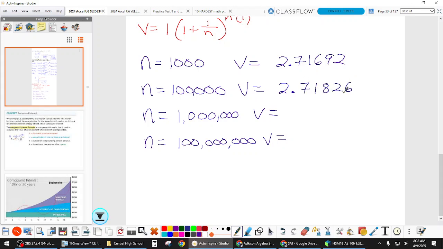Good. And it does keep going. Okay, middle group, 1,000,000. 2.718280. 100,000,000. 2.718281. Okay, so I'll leave the 6 decimal digits on those last two.